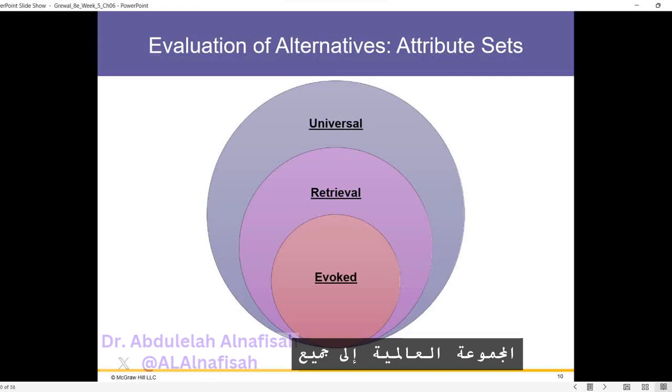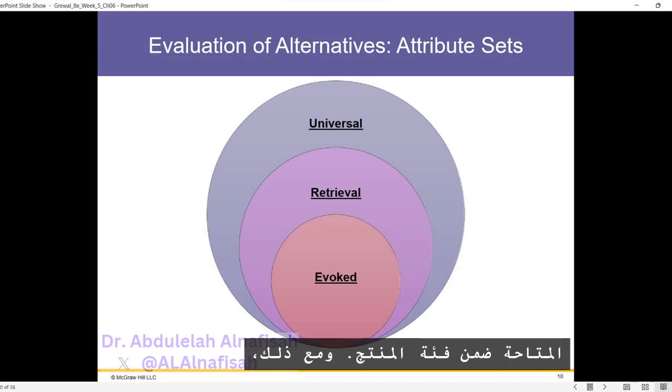The universal set refers to all possible choices or alternatives available within a product category. However, consumers may find it challenging to recall or consider all the options within the universal set for every purchase decision.